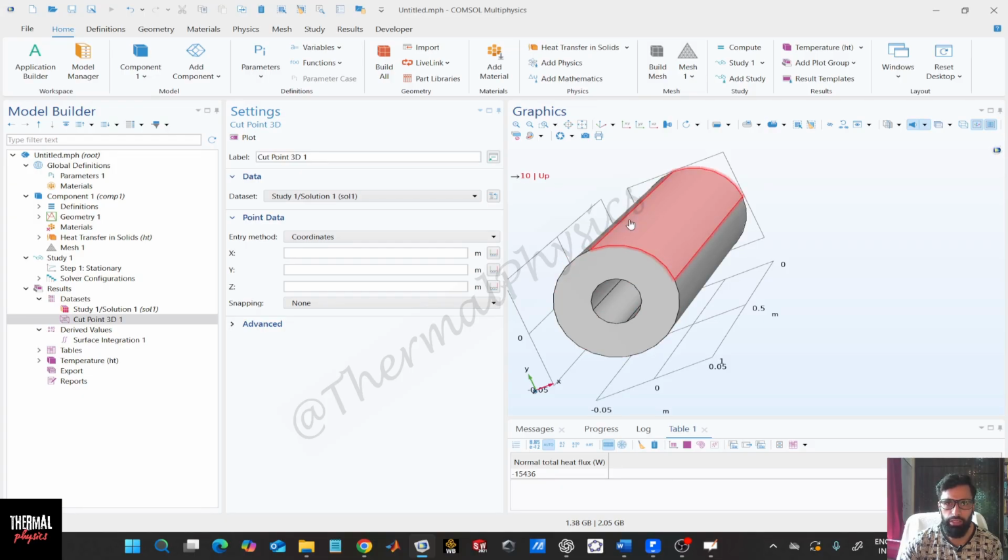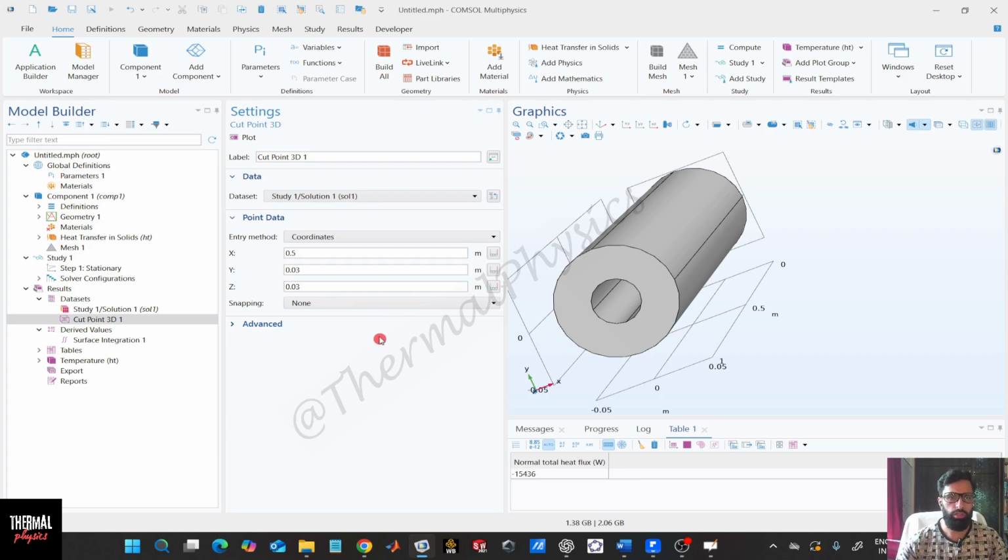Let's make it at the halfway. So let us choose x 0.5, and let us choose y, our value 0.03 meter, at which we want to calculate this temperature, and z again 0.03.